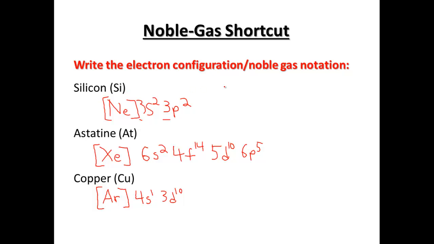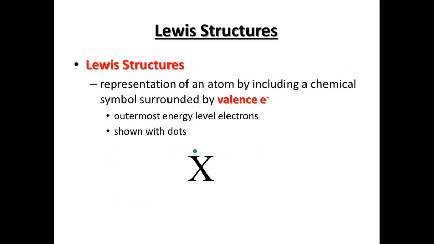For silicon, we would show Si with 1, 2 paired, 3 and 4 outer electrons. Remember, our first 2 electrons are paired, and then single, single, single, paired, paired, paired. That's not in our notes, but it's just a reminder from last chapter, only showing those valence or outer electrons.